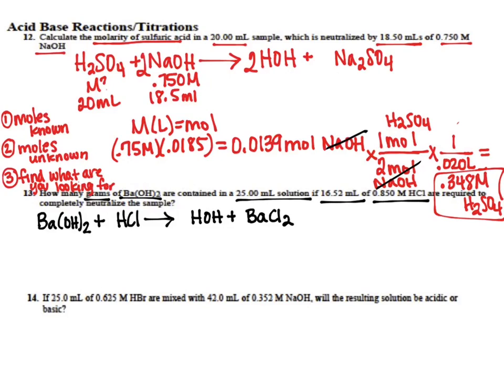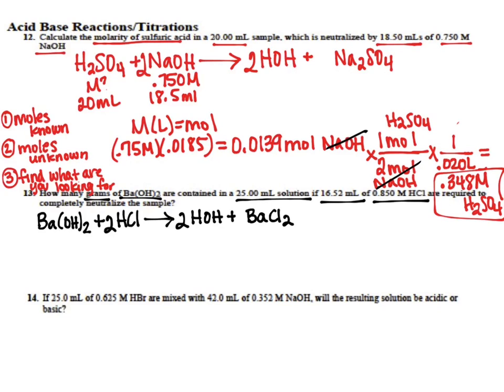The next step is to go in and balance it. We have two OHs, so we're going to put a 2 here in front of water. And we have 2 Cl's, so we're going to put a 2 here in front of hydrochloric acid. And we should be good. Next step, write everything you know from the problem.